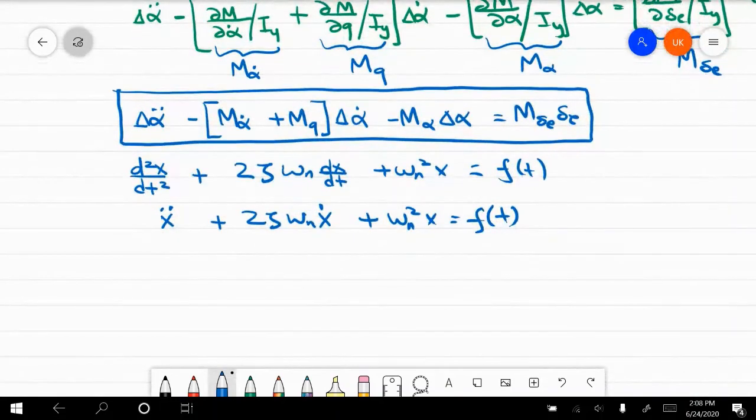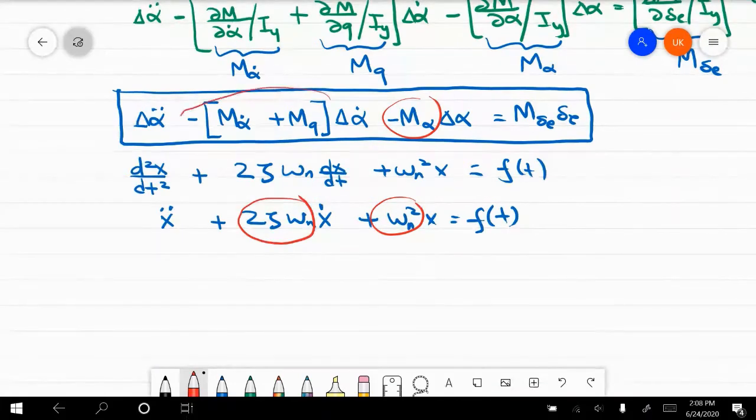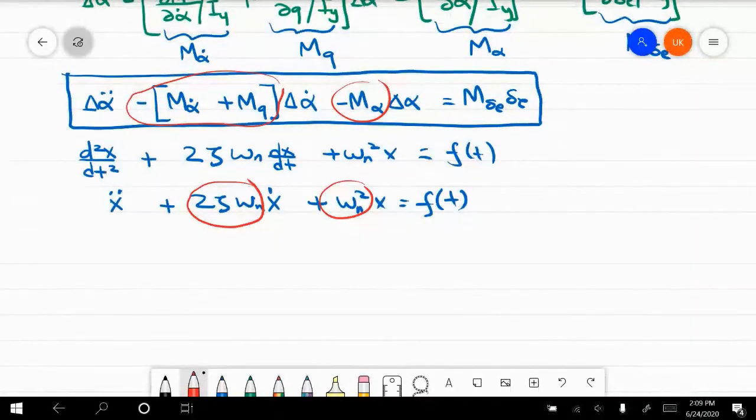We can conclude the following. You can compare this omega n square with this. You can compare this with this. So what will be the natural frequency of this aircraft mounted in the wind tunnel, which is only allowed to pitch up and down?